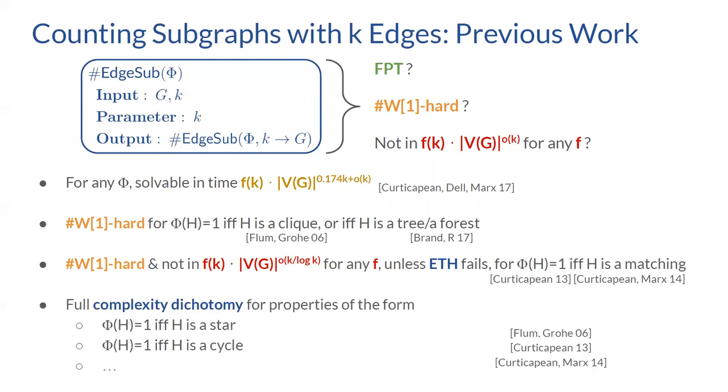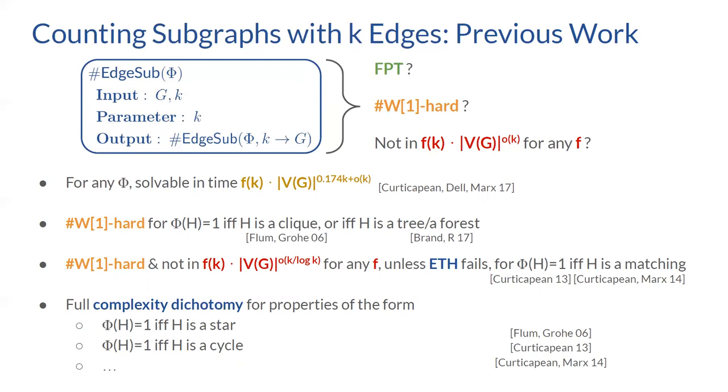For some specific properties, we actually know a complete complexity dichotomy. So for this certain set of properties, which I will define in a moment, we know that this problem is either FPT or #W[1]-hard, and we know a precise criterion that is necessary and sufficient for #W[1]-hardness.